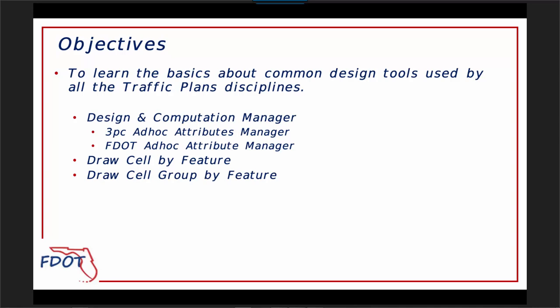We will look at the GeoPack 3PC Ad Hoc Attribute Manager, the FDOT Ad Hoc Attribute Manager, Draw Cell by Feature, and Draw Cell Group by Feature. Like I said, these are all tools that are commonly used by just about everybody.